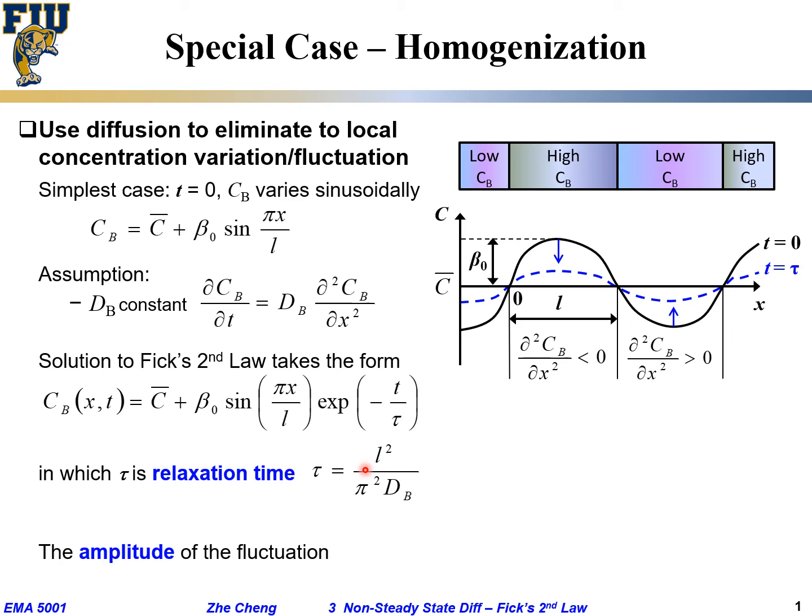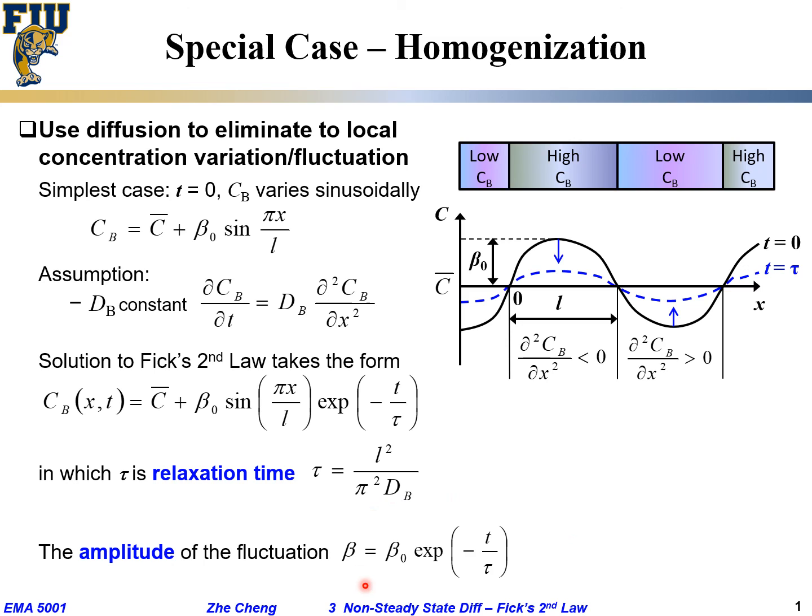And then the amplitude of the fluctuation is still going to vary for a given fixed time t. Remember, L is fixed, D is fixed. For a given system, tau is fixed. If we look at a fixed time t, this whole exponential term is constant, and at any given time t, the concentration follows a similar sine function, right? But the amplitude compared with the original amplitude, B0, would be slightly smaller.